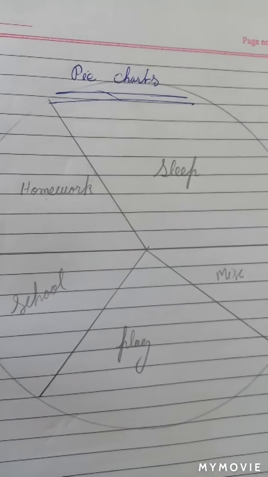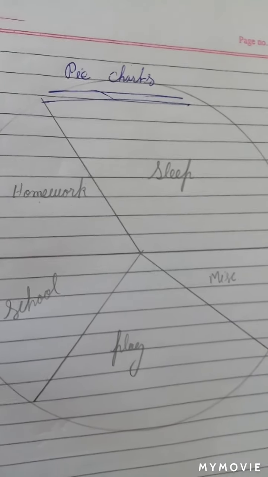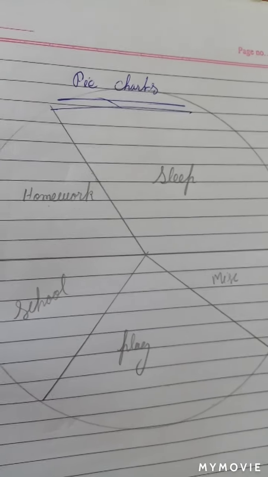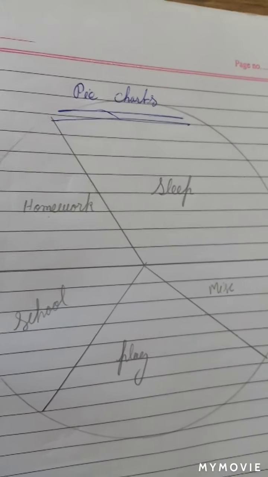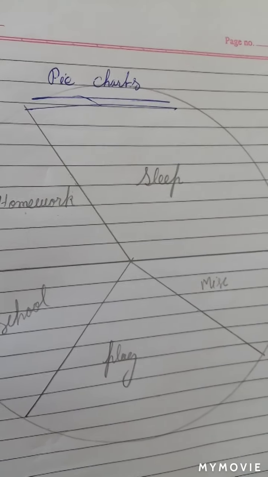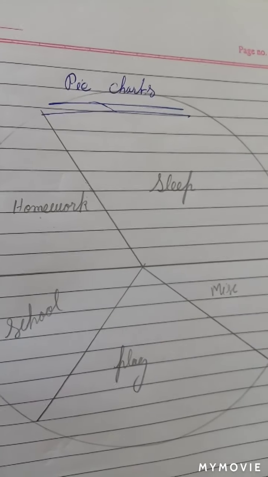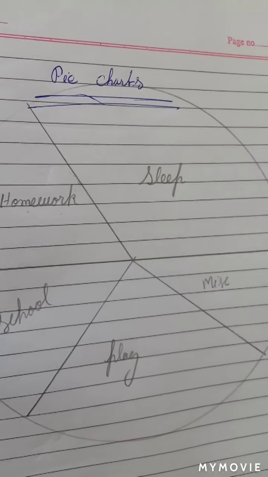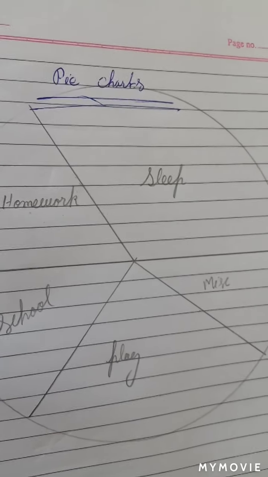Say there's a student who wants to assess his productivity of the whole day. So he has made a pie chart, and there are 24 hours in a day. He divided the amount he spends in sleep, doing homework, going to school and coming back, the time spent in school, playtime, and other miscellaneous activities.